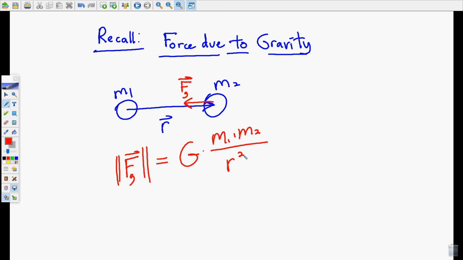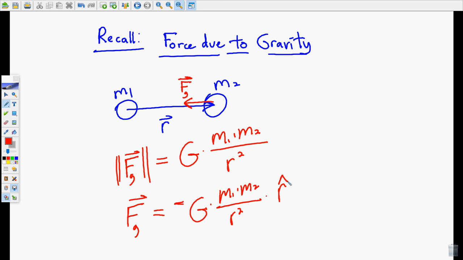But if we wanted to write this formula out officially, vector Fg with its magnitude and direction is equal to negative big G times m1 times m2 over r squared times unit vector r.